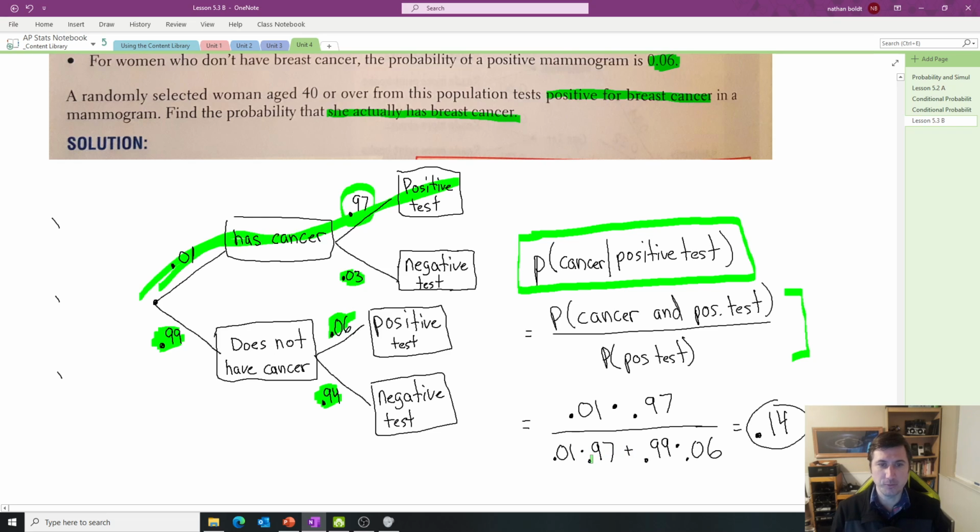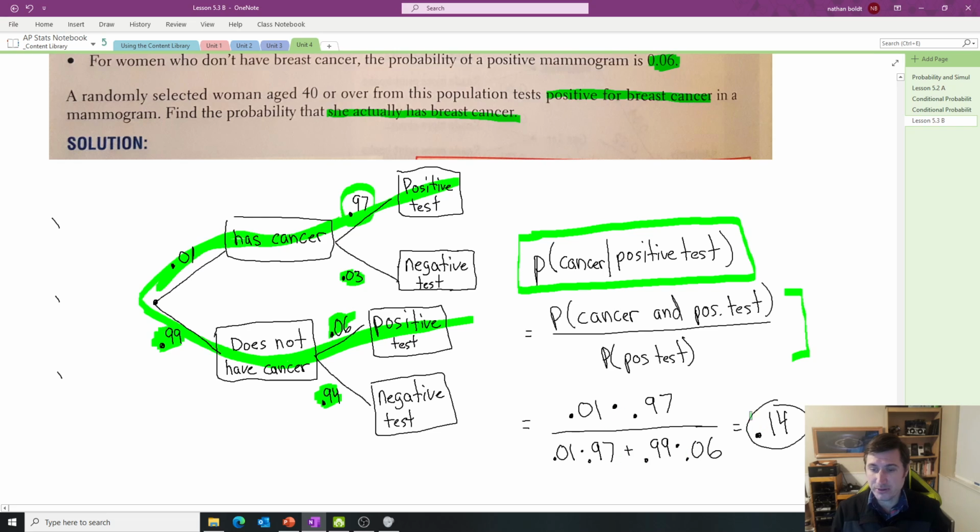All right, so 0.97 times 0.01 divided by the probability that you have a positive test. So what are all the ways you can have a positive test? Well, that's one of them. What's the other way you can have a positive test? If you don't have cancer, but still get a positive test. That is still a possibility. Those are the two paths to have a positive test. You add them together because they are mutually exclusive.